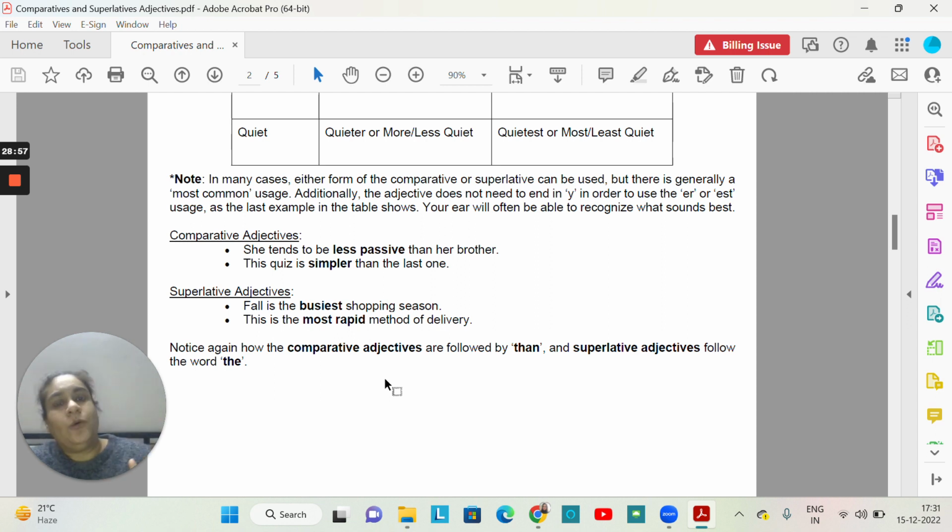But if my noun starts with a consonant sound, for example road, my pronunciation of the article the becomes the road. The apple, the road. So just remember, if you have a vowel sound in the noun or adjective, the pronunciation of the changes to thee, and if you have a consonant sound in the noun or the adjective, the pronunciation of the word the remains as the itself. Okay, that's it. Small one in between.